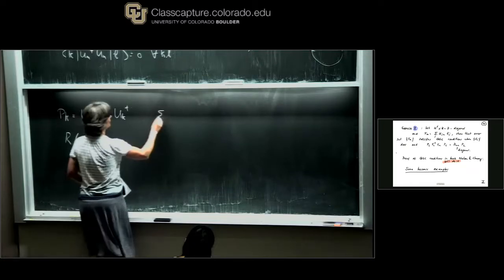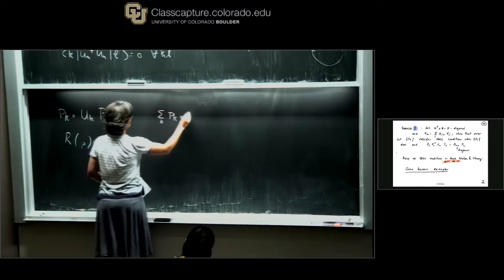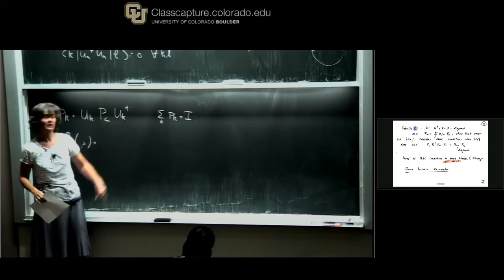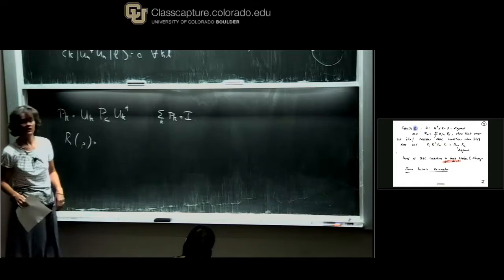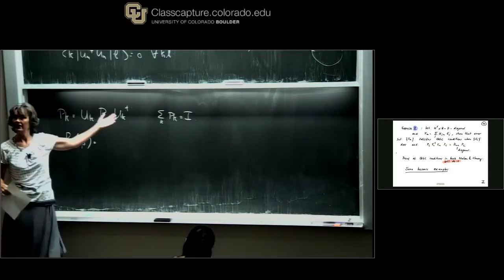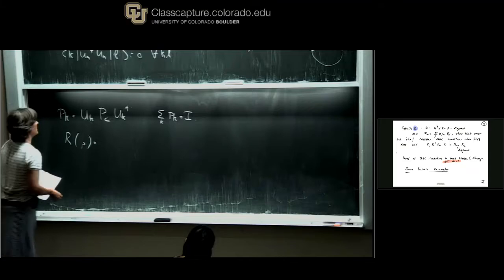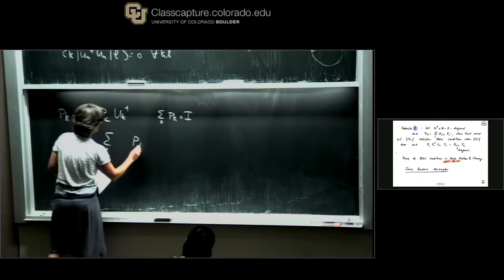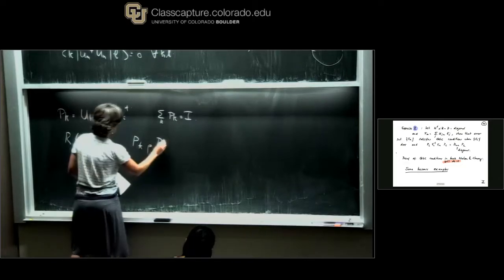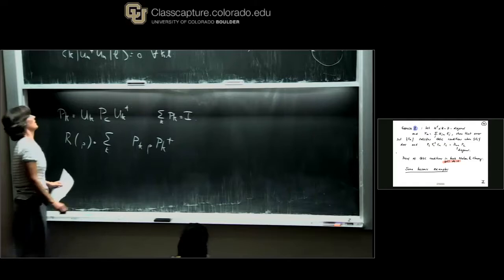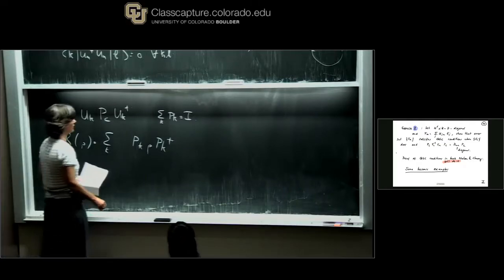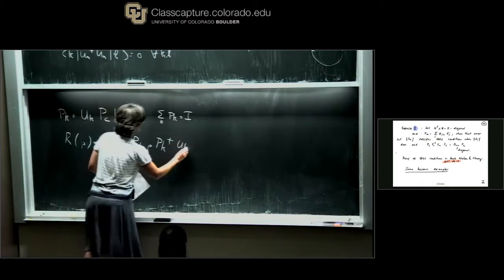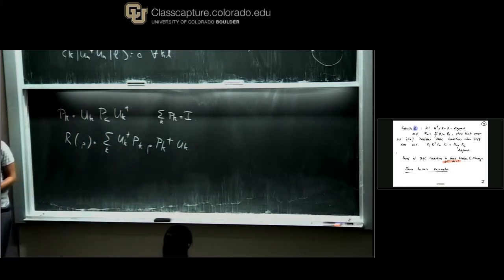Let's say we assume that the Pk sum is the identity, but if it's not, add another projector that makes it the identity. That's for when the errors don't fill up the whole space. So then the reversal is this. Take the density matrix that you currently have, do a projective measurement, projecting it onto one of these error spaces, and then invert by doing Uk†, right?